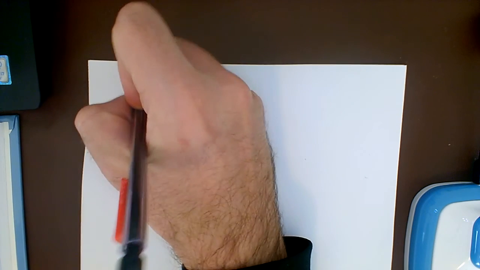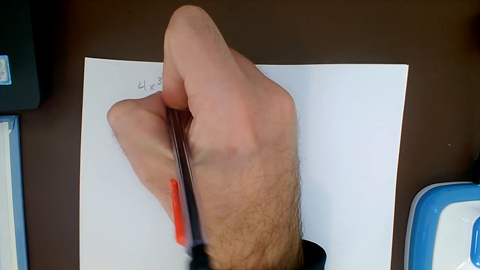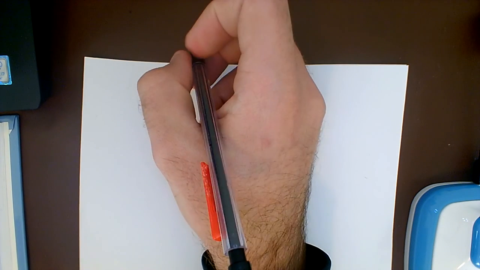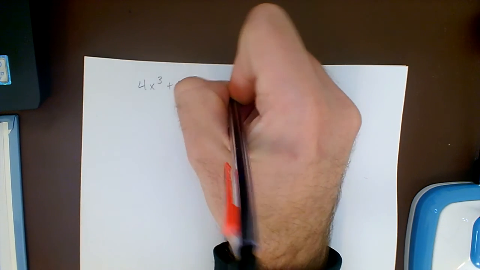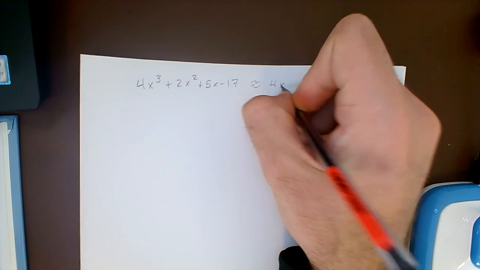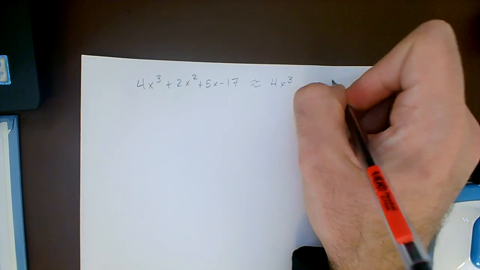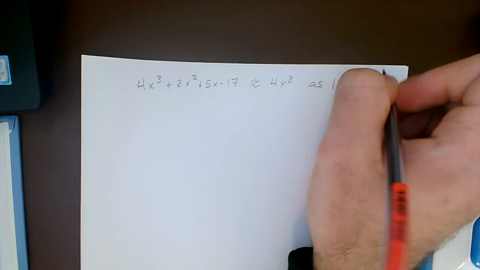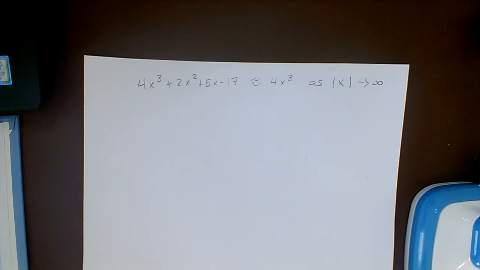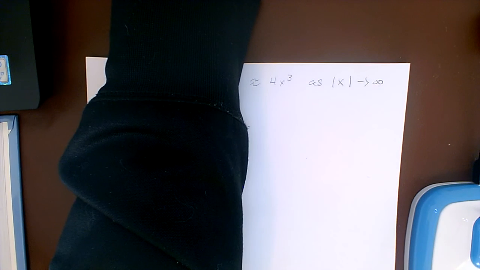Okay, so if I gave another polynomial example, we could show using the same process that 4x cubed plus 2x squared plus 5x minus 17 approximately looks like 4x cubed as absolute x goes to infinity. Okay? Because 4x cubed is the leading term. Okay, I'm going to pause the video.